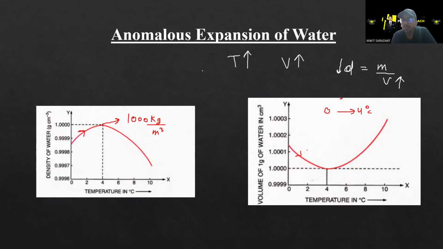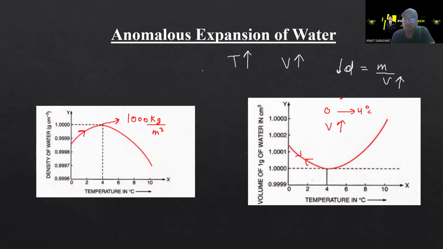In the reverse manner, if you decrease the temperature from 4 degrees Celsius to 0 degrees Celsius, then volume is going to increase, and if volume increases, then density decreases. This is the anomalous expansion of water. At 4 degrees Celsius, it has maximum density, 1000 kg per meter cube.